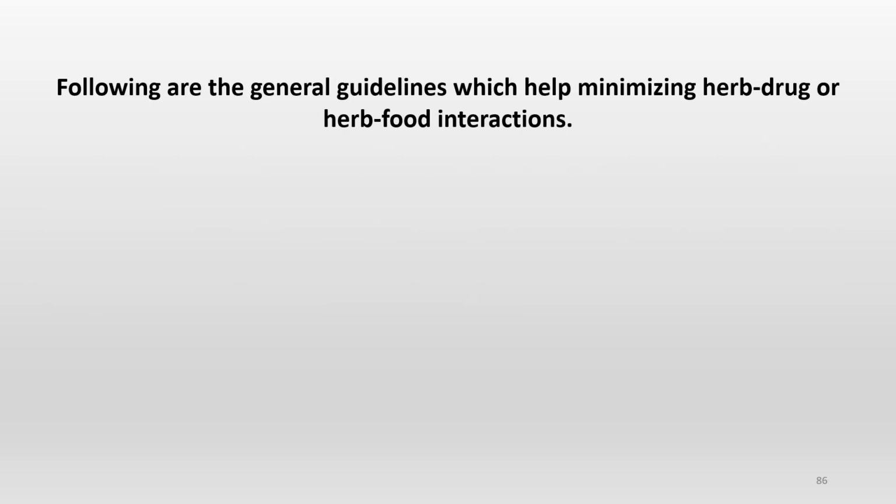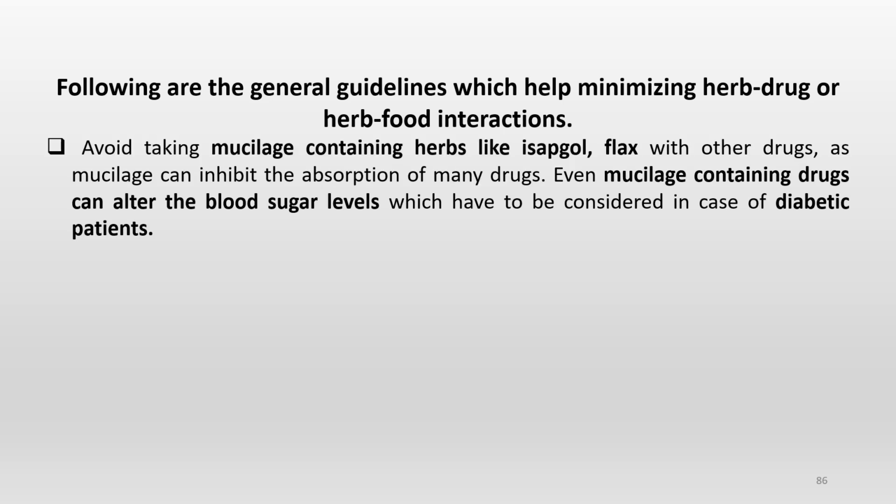Following are the general guidelines which help to minimize herb-drug or herb-food interaction. Avoid taking mucilage containing herbs like ispaghula flakes with other drugs, as mucilage can inhibit the absorption of many drugs.